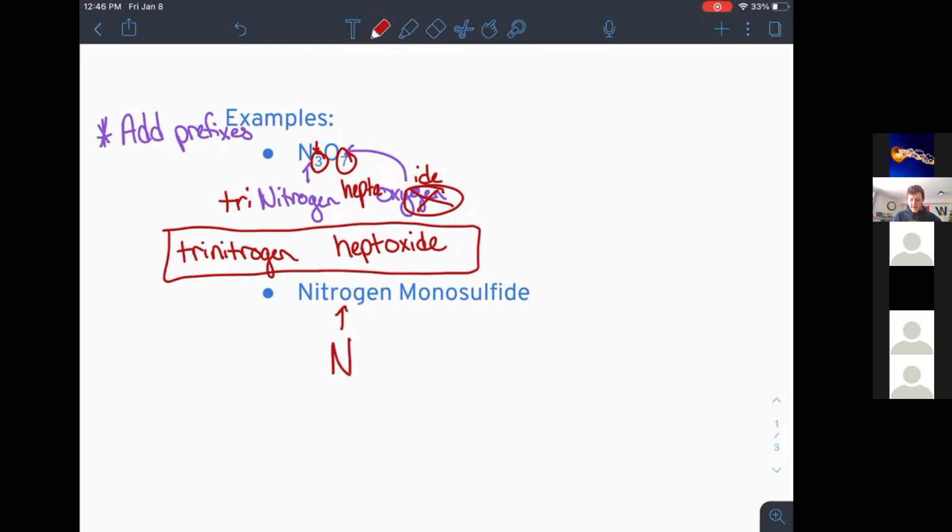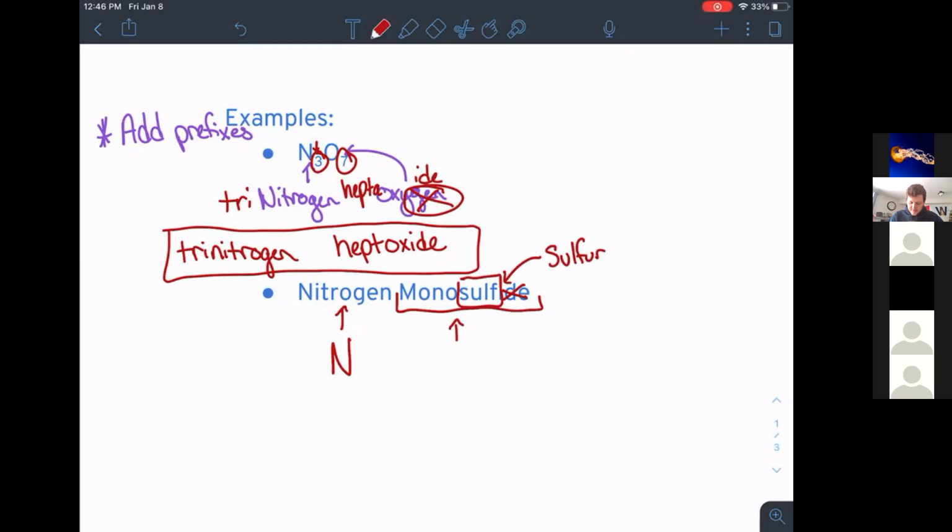And we have monosulfide. What element comes from this section? Sulfur, perfect. It's this part right here that we're worried about, with the IDE going away and being replaced with the name. So what is our element symbol for sulfur?